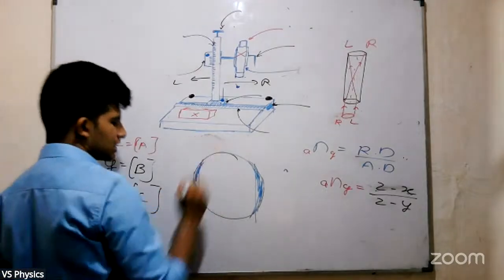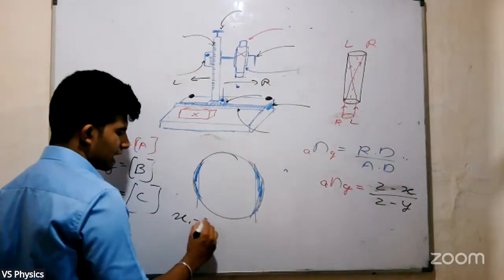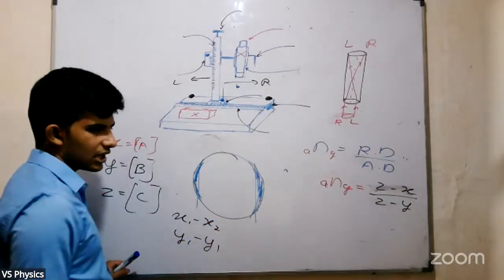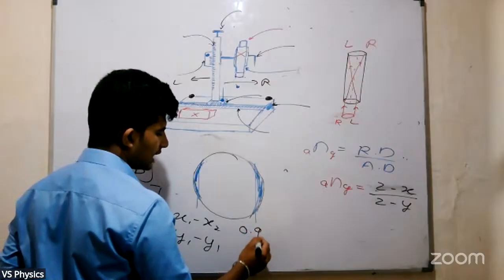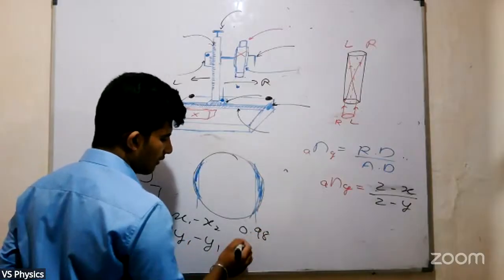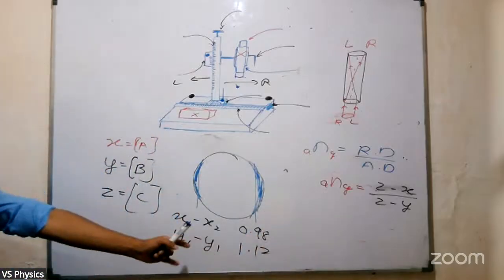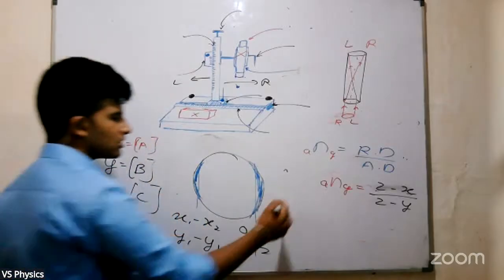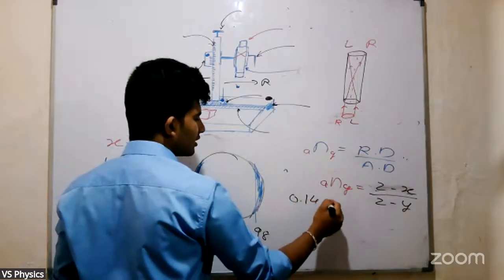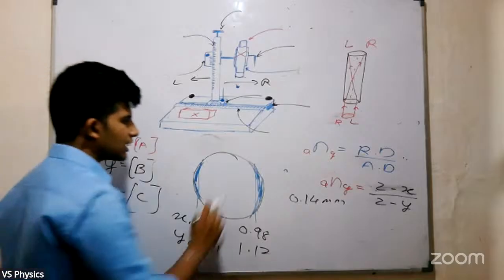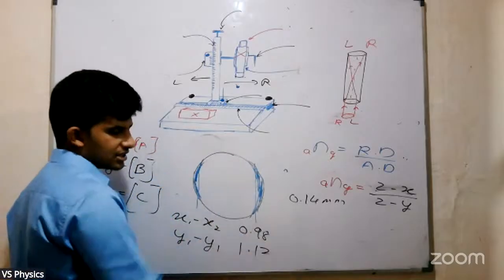we take x1 minus x2 and y1 minus y2. Let's say this is 0.98, and the other is 1.1 or 1.2. This is a huge difference, almost 0.14 millimeters. If that difference is there, first thing you are going to check is whether it is coaxial.